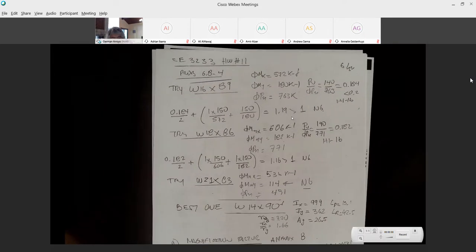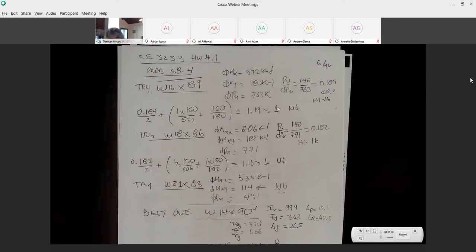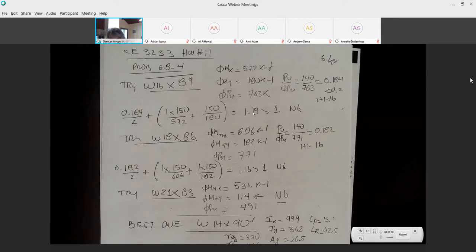And this is the same that we always get from the table in chapter 6: Pu over phi Pn. Now equation H1-1b controls, so they have to be divided by 2. This is 1. All new values, no good.